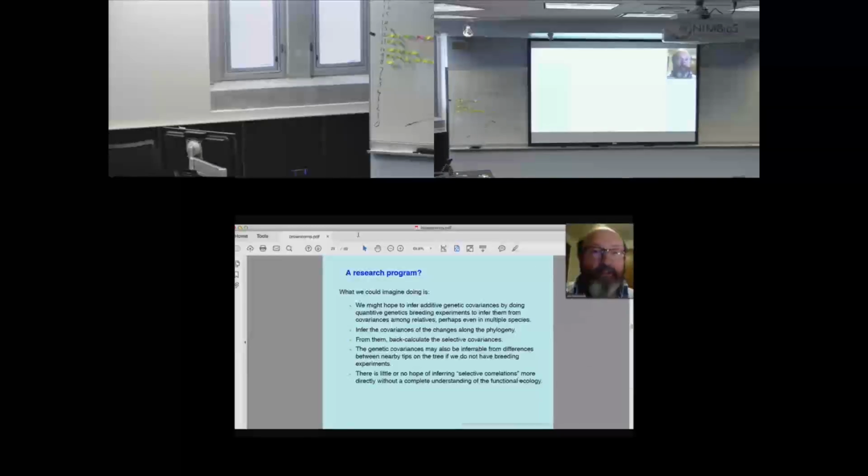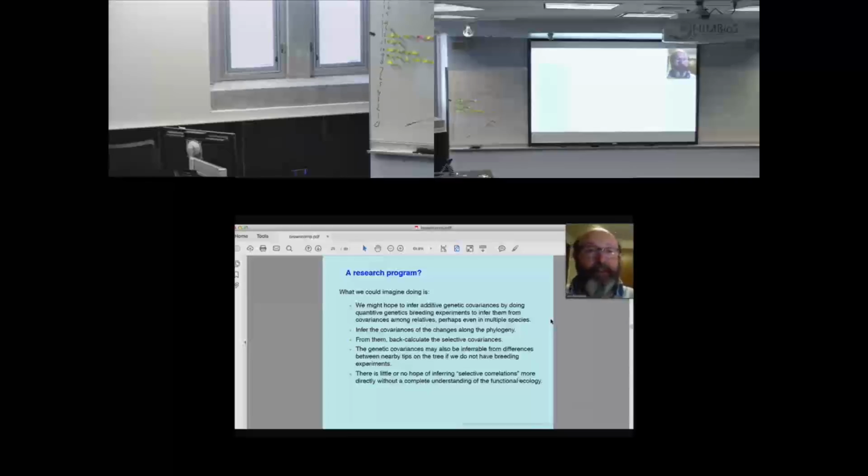Let me just for a moment go back to the thing I was talking about on this slide, because I think it's going to relate. If you wanted to understand the whole situation, what you'd want to do in the ideal case is to do quantitative genetics on your beasts.